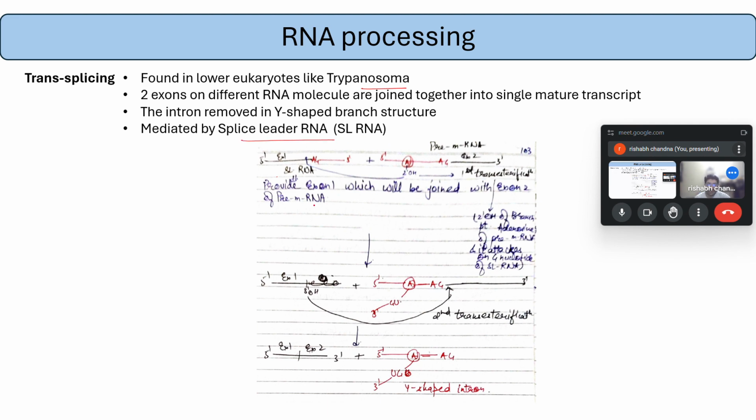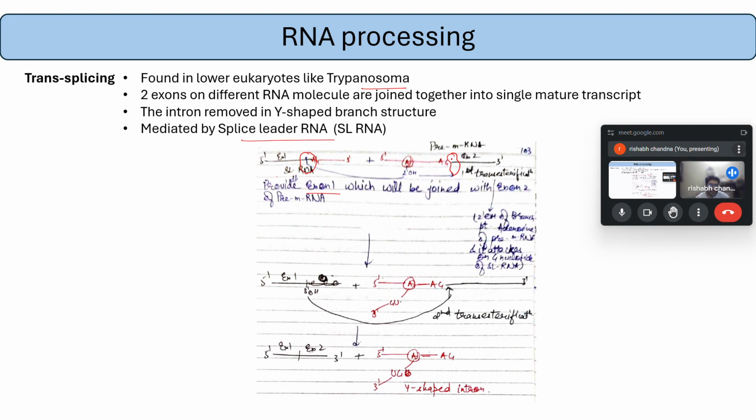So what happens is there are two pre-mRNAs. This is the splice leader RNA. Here we have a 5 prime splice site, and the 3 prime splice site is present on the different mRNA. Now this splice site provides the exon 1, which needs to be joined to exon 2.